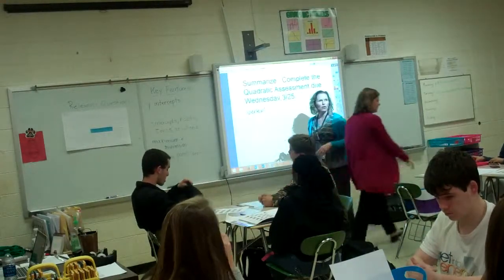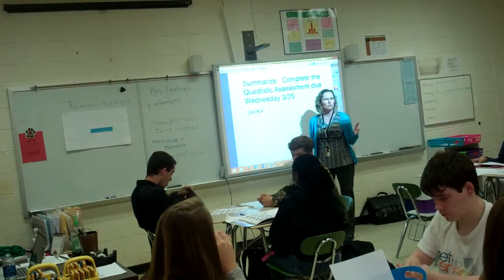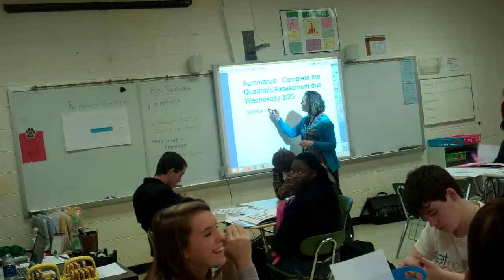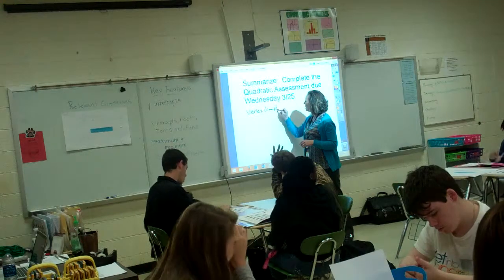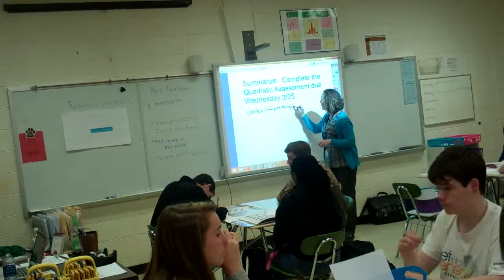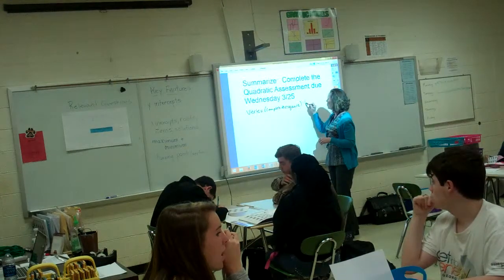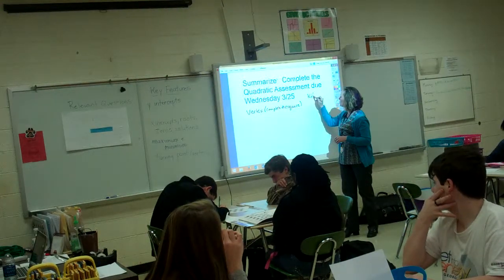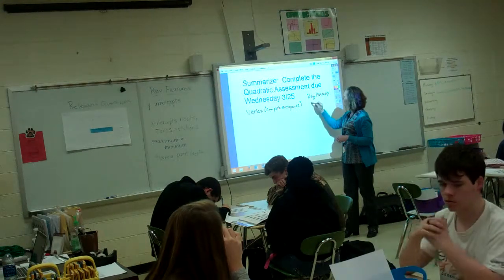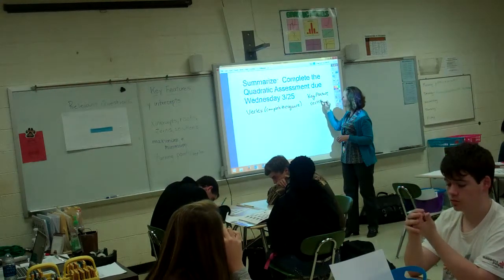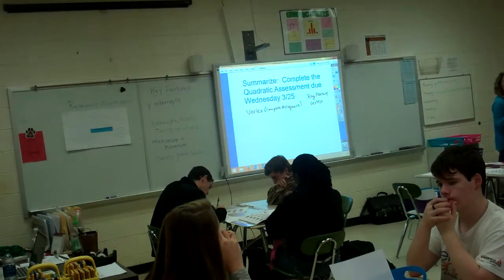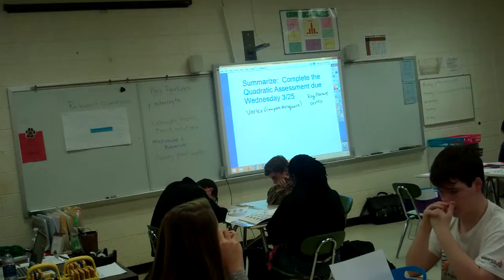What's another thing that they call the vertex form? Completing the square? So our key feature is our vertex, right? Anybody else not realize that the key feature was so important based on the form?